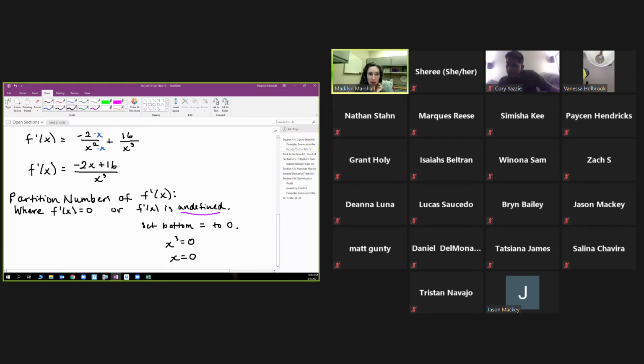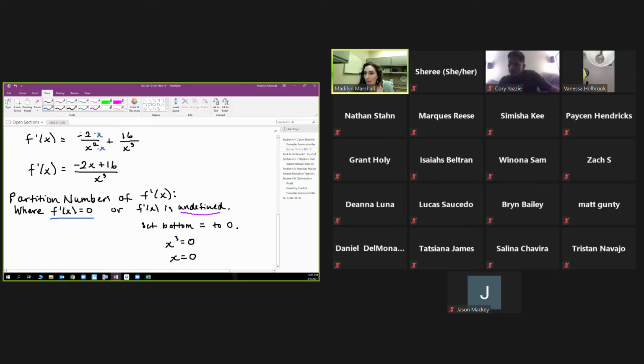So that's one of our partition numbers because that's a number that makes f prime undefined. If we want to know where f prime equals 0, I'm just going to write all of f prime for a moment so we can look at it.